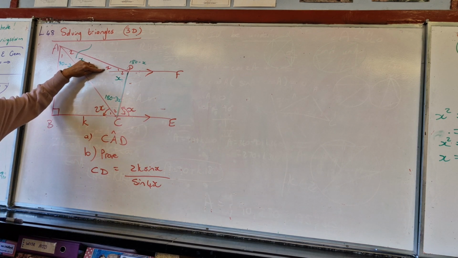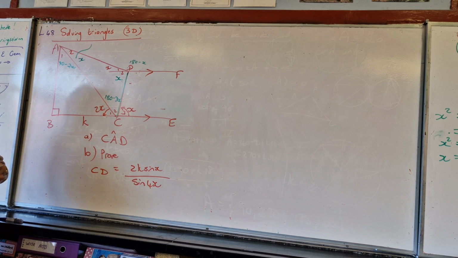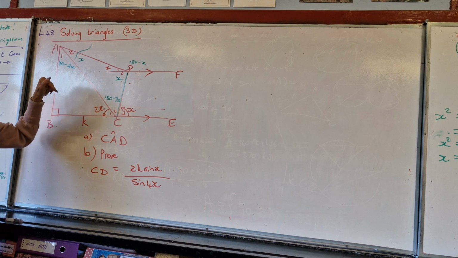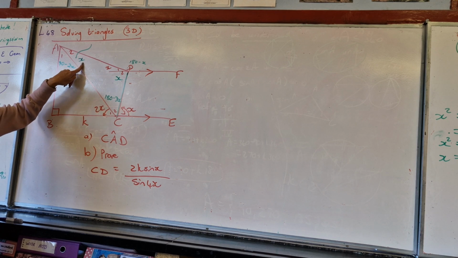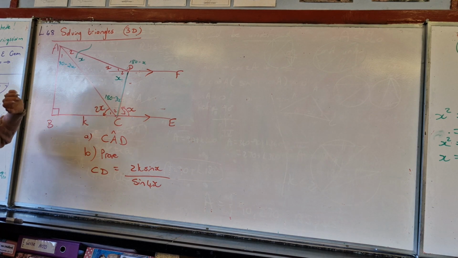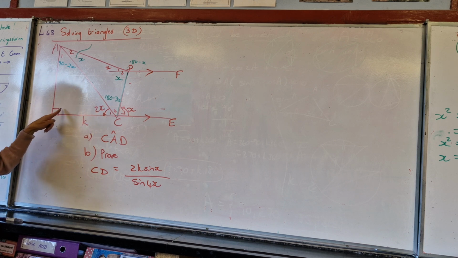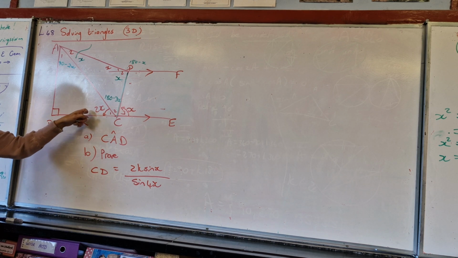This x was given. So the first thing that ever you do when I give you a sum like this is find all the angles. That's why we first tried that one. Whatever you do first, I think easier would have been in this big triangle ABC. You've got 90 and you've got 2x.